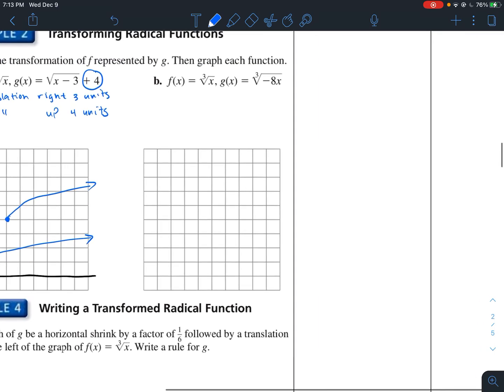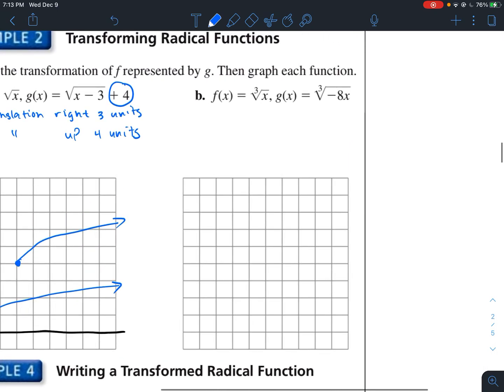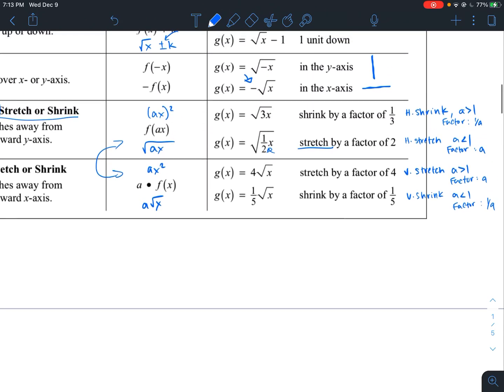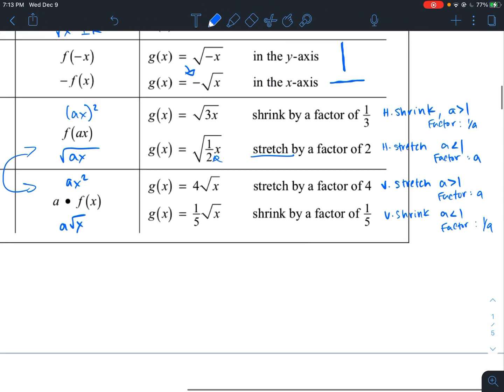Okay. So for B, this is a cube root function. So from f to g, let's talk about some of the differences. Two differences I see is that we're multiplying by 8 inside, but we're also multiplying by a negative. If we're multiplying by 8 inside, I know that's going to be a horizontal stretch or shrink because it's multiplication.